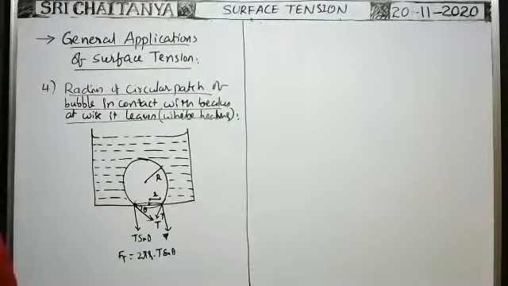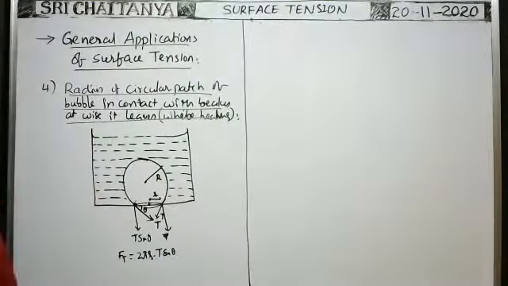Therefore, the buoyant force, 4/3 pi capital R cube into the density of the liquid into g, is greater than or equal to the force due to surface tension, 2 pi r T sin theta. Sorry, 2 pi small r, because capital R is there and small r is there. So see carefully: 2 pi small r into T sin theta.